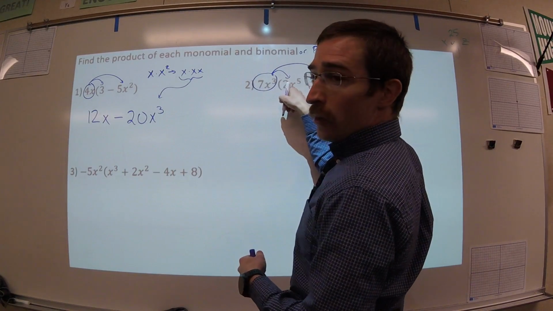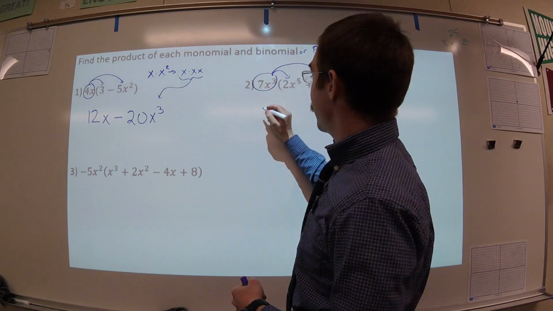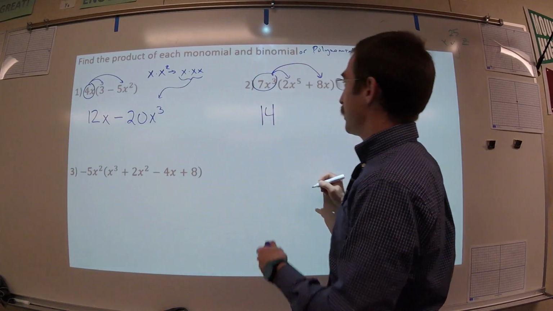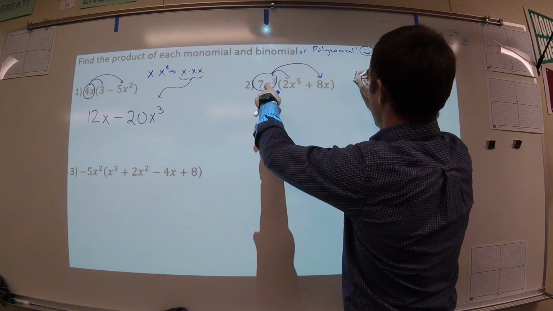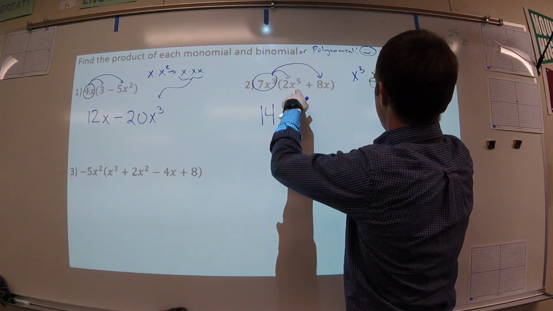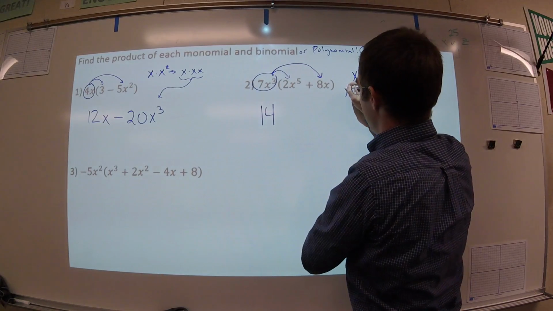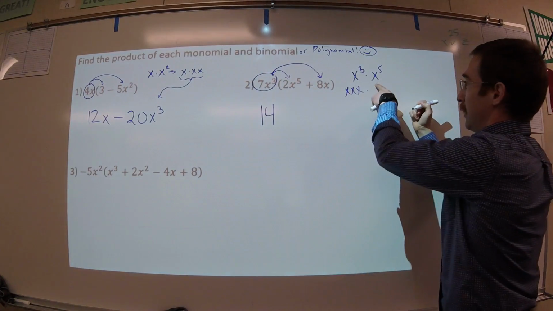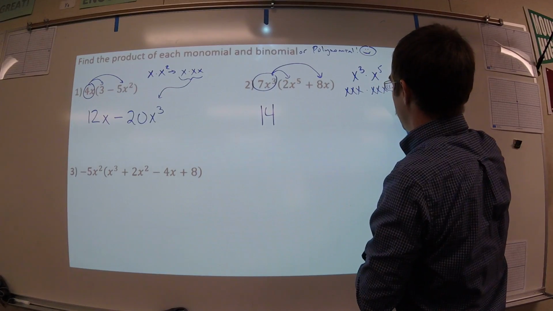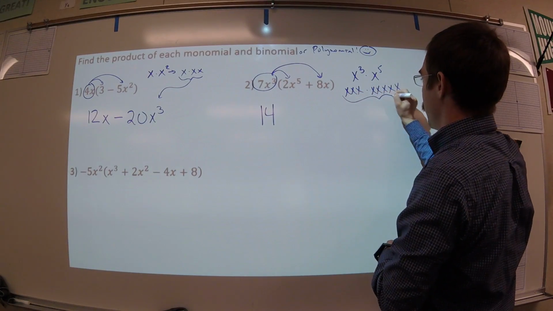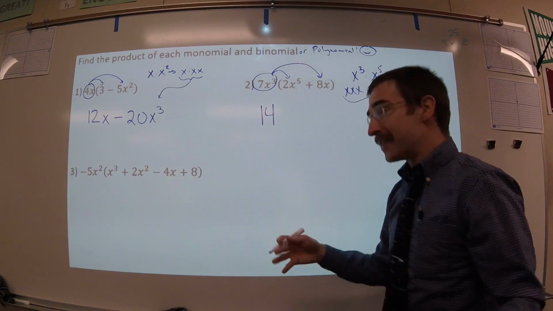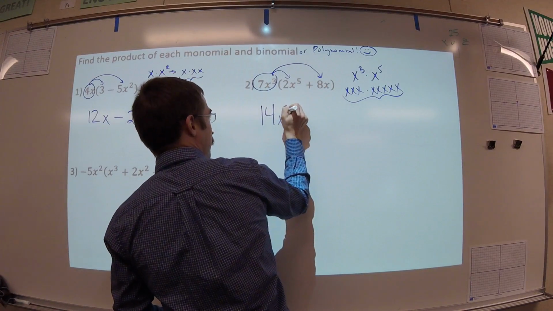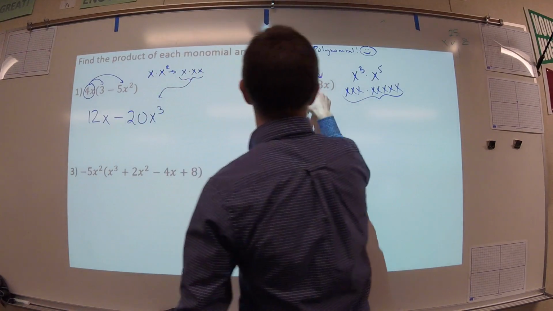So here, 2 times 7 is 14. Multiply the regular numbers. Here I have x to the third times x to the fifth. This is 3 x's, 1, 2, 3 multiplied together. Here, 1, 2, 3, 4, 5 together, what does that make? X to the 8th. So here we have 14x to the 8th plus, because it's plus.